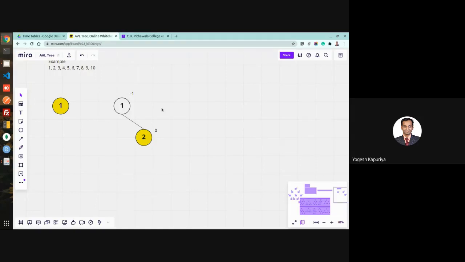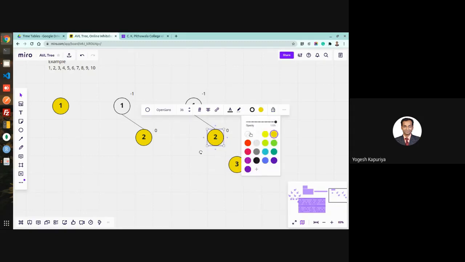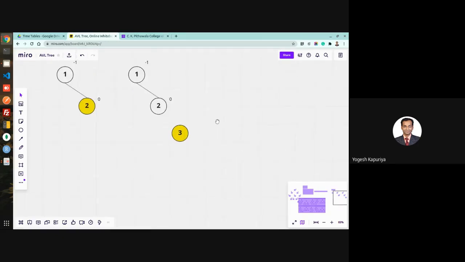Next, we are inserting 3. 3 is greater than 1, and it is greater than 2. So it goes here. Remember, 3 is the node which we have inserted just now, so let's change its color.